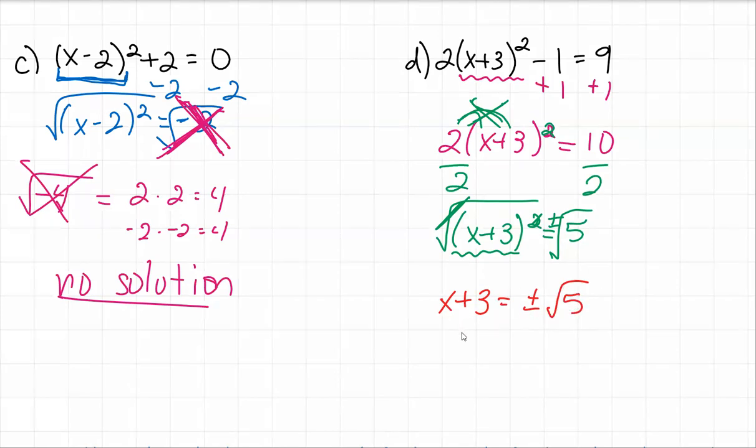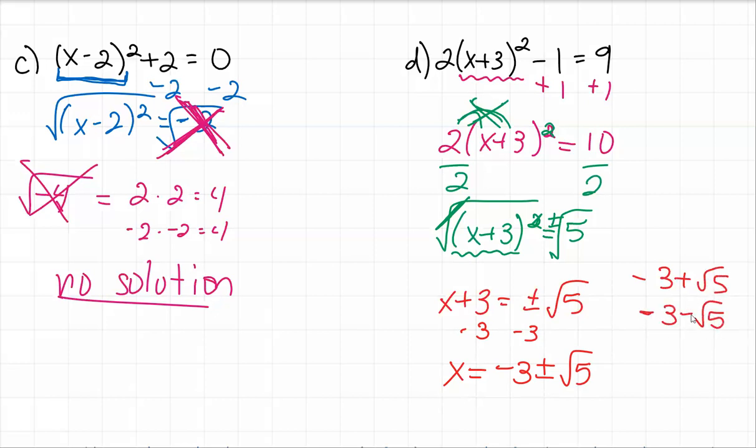My last step is to subtract 3 to finally solve for x. You would write this as x equals, usually the whole number first and then the radical, negative 3 plus or minus rad 5. Two answers: one is negative 3 plus rad 5, and one is negative 3 minus rad 5, just like the ones from above.